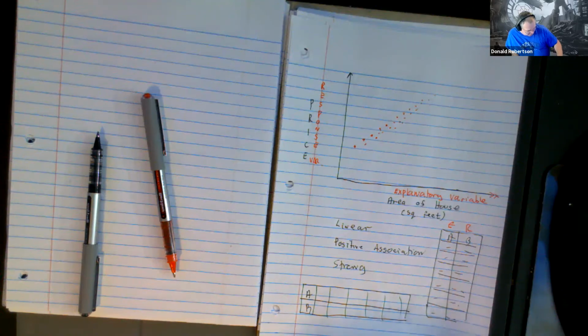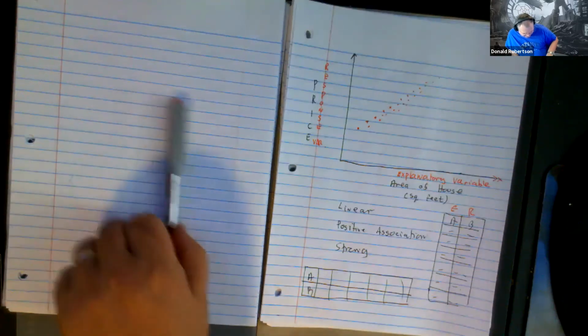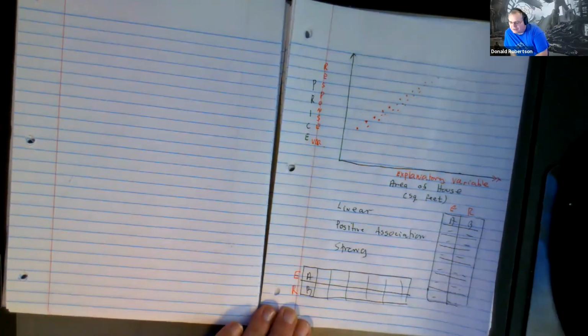Who would the explanatory variable be in a situation where the table was written this way? Still A? Yeah, I should have probably called them P and Q or something. Are we comfortable that the guy on the left is X, the guy on the right is Y? The guy on top is X, the guy below is Y.